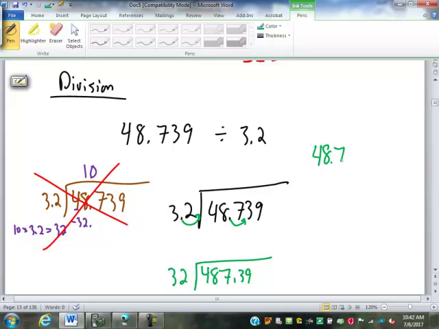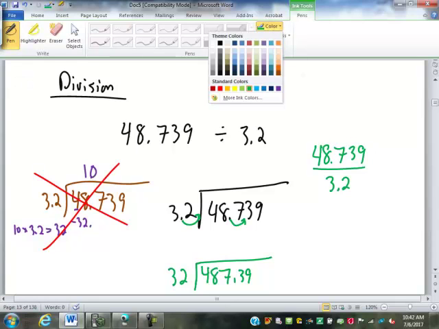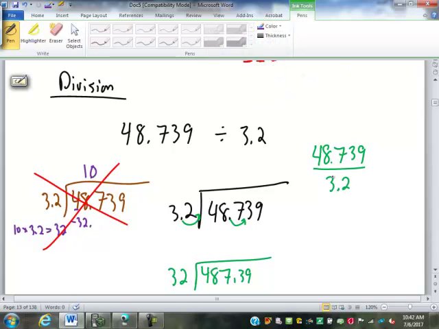Why does that work? Well, we remember we said that a division problem can be thought of as a fraction. And in a fraction, I can multiply or divide the top and bottom by the same number. So if I want to get rid of the decimal here, there's only one decimal place, so I multiply by 10.